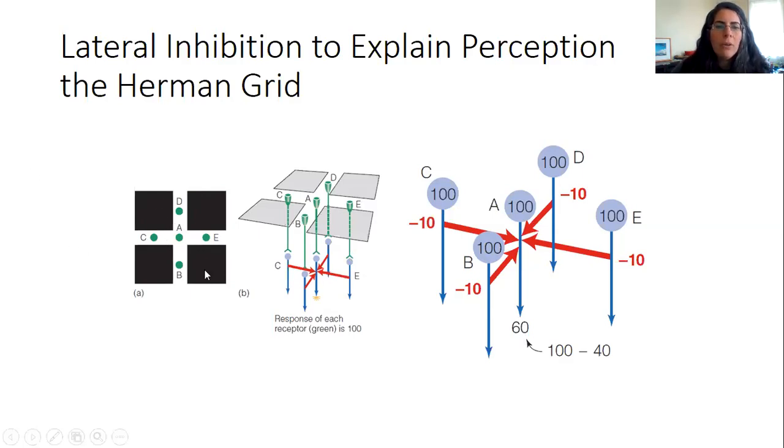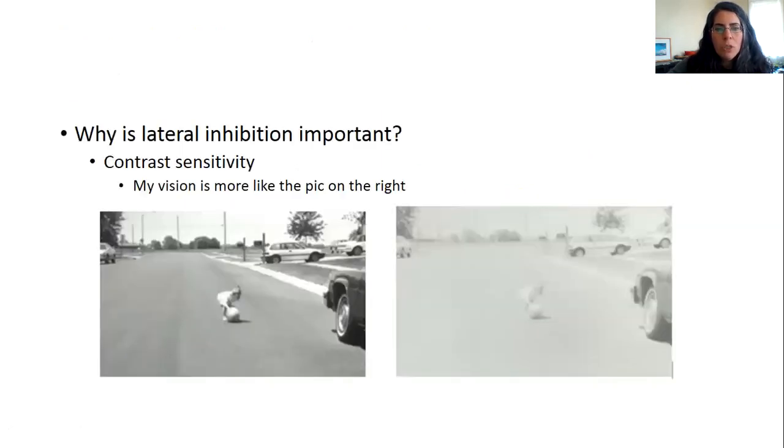So again, lateral inhibition or receiving inhibitory messages through horizontal cells does a nice job of explaining our perceptual experience of these illusions.